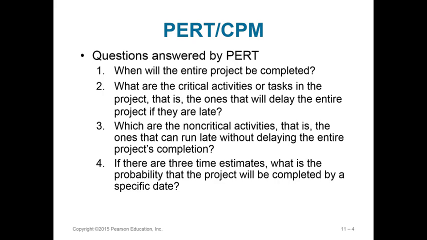Now, PERT itself asks a series of about 7 questions. When is the project going to be completed, and what are the activities and their lengths that are part of this project? If there are non-critical activities, in other words, things that you could delay or reroute, which ones are those?